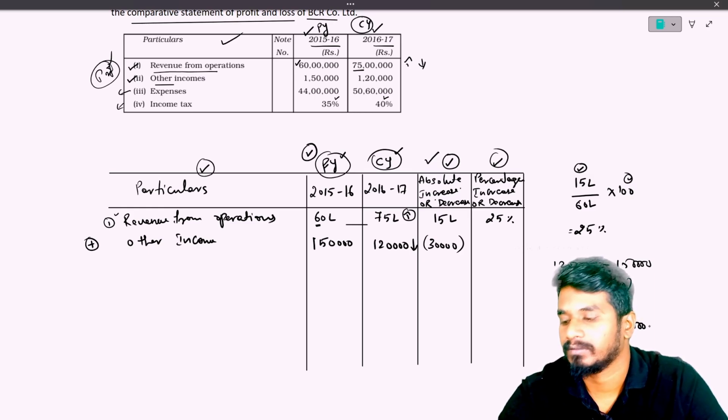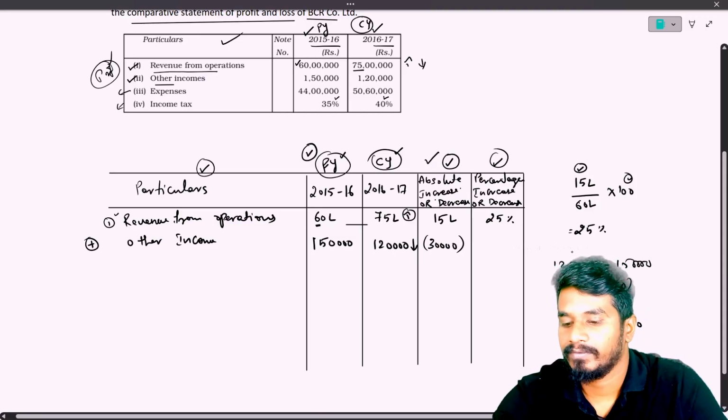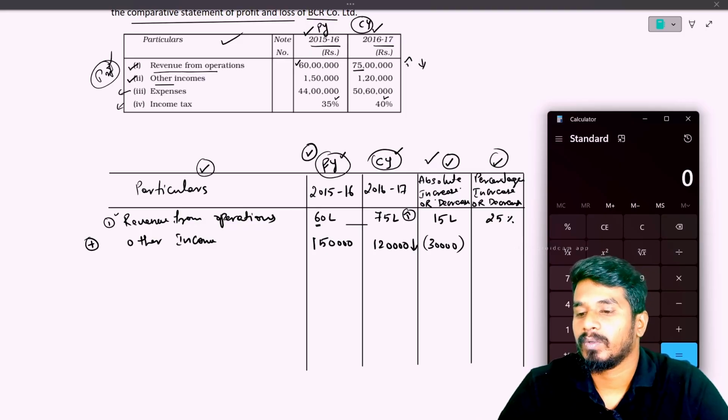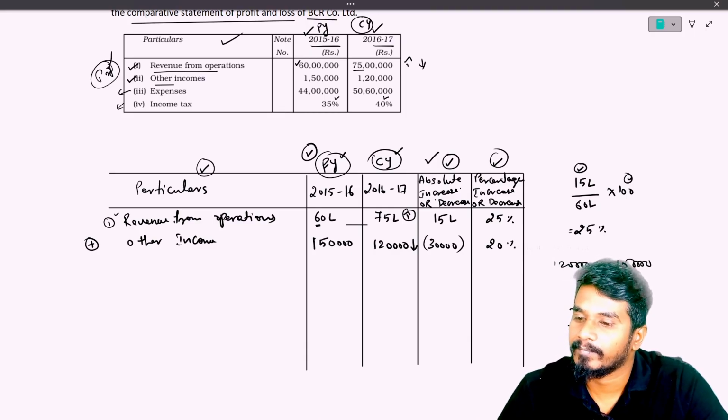Not 1000, it is 100. If you do that, you'll get the percentage. The change is 30,000 divided by the previous year amount 1,50,000 into 100, and you'll get the percentage of 20.